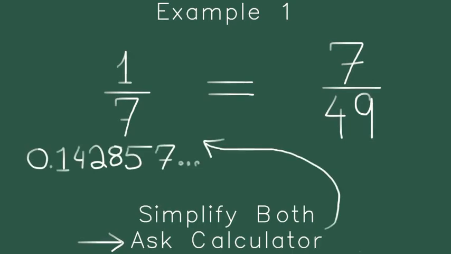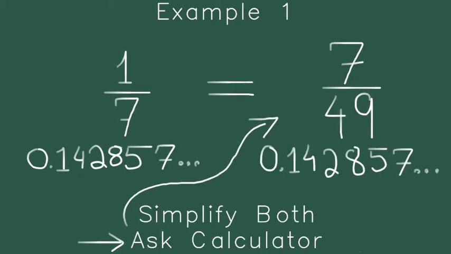Actually, there are two methods of doing this. The first is simplifying both of them, and the second way is to just ask the calculator. 1/7 is this number, and 7/49 is exactly that number again.